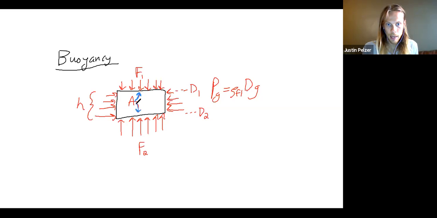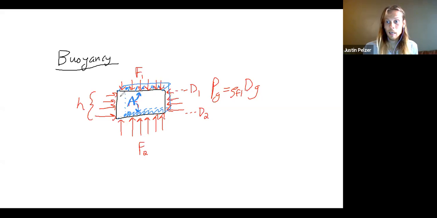A is the cross-sectional area that you can't see because this is a three-dimensional box. So A is kind of like this area here. This is a box, kind of like that. Does that make sense? And so this area A here, this is also area A here.